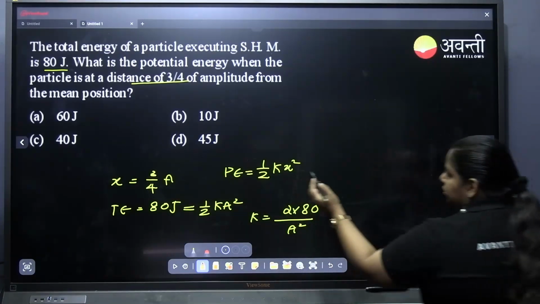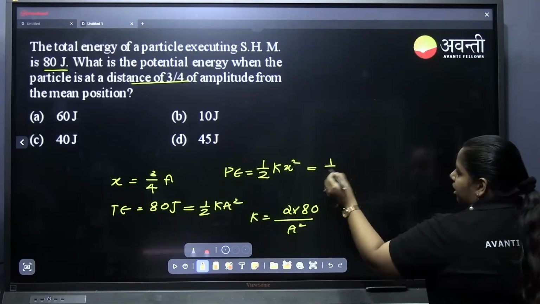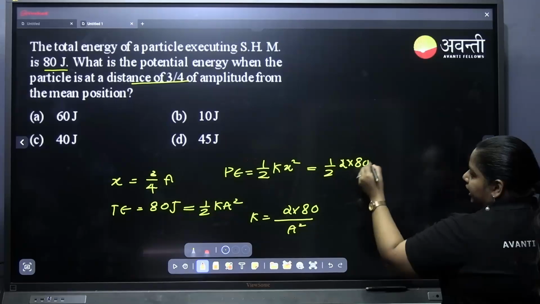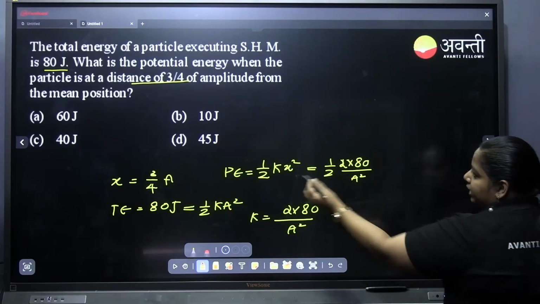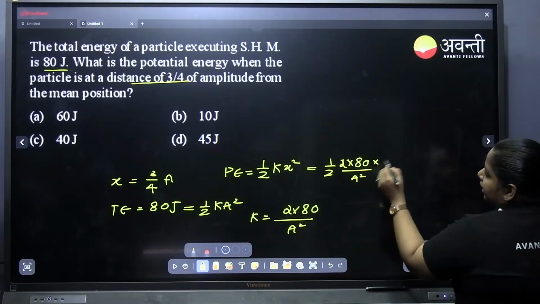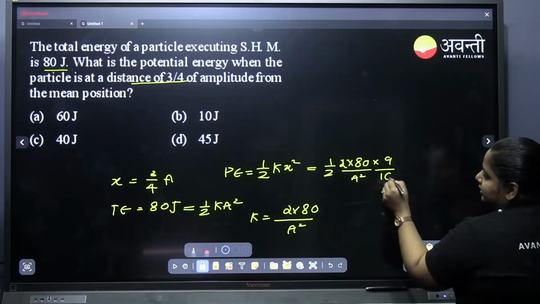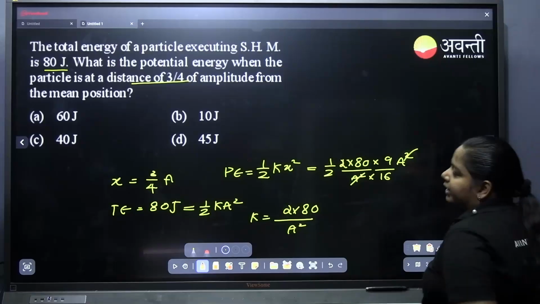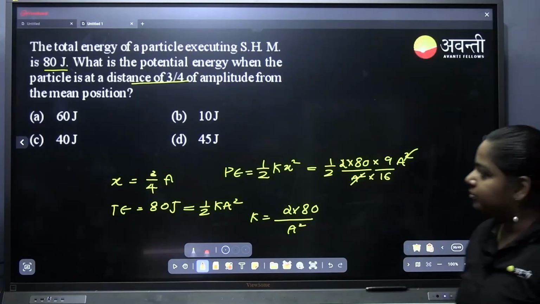Substituting it here, you will have half into 2 into 80 divided by A square into 9 by 16 A square. A square will get cancelled. Calculate the rest.